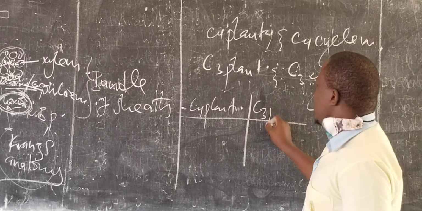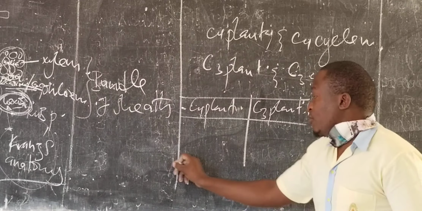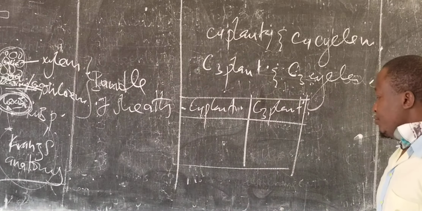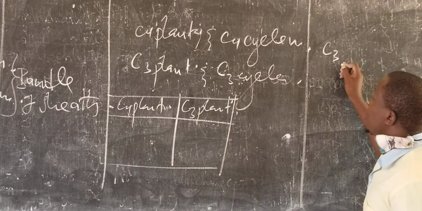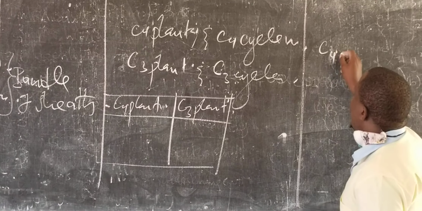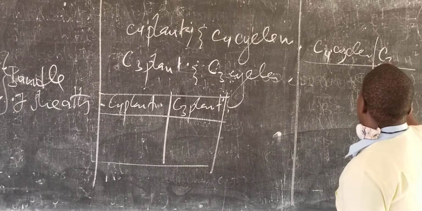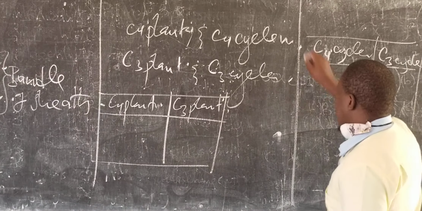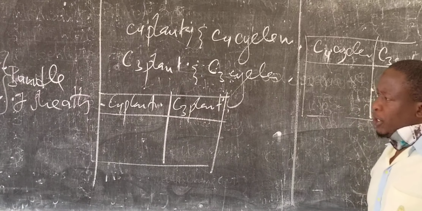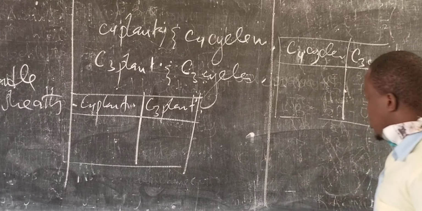I suspect that the differences you're going to give here are slightly different from the differences you will give if they ask you to differentiate between the C4 cycle and the C3 cycle. They're very many, so having appreciated the C4 cycle and the C3 cycle, you must be producing differences.